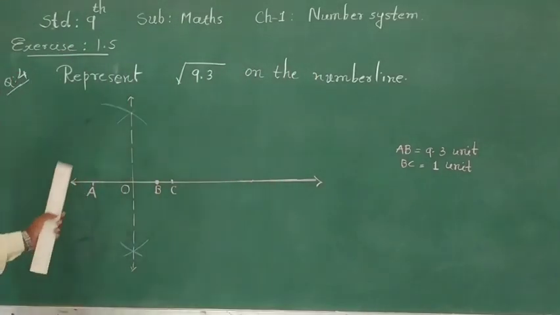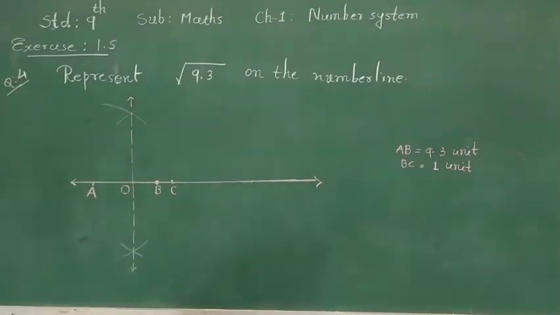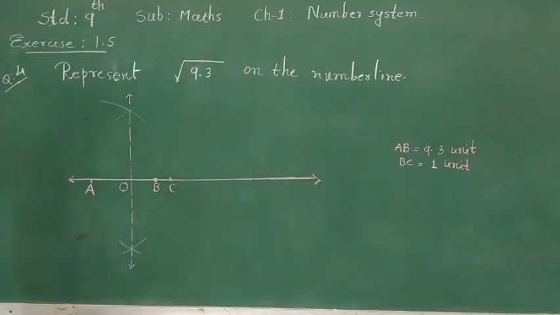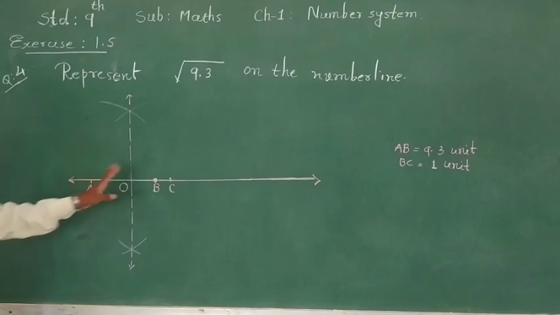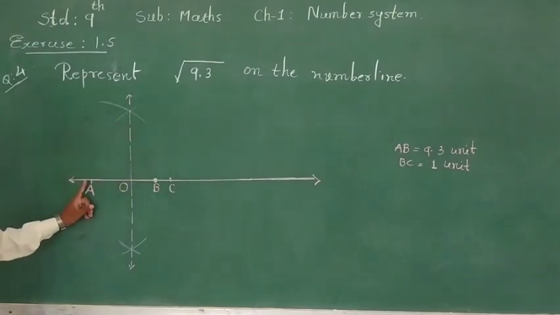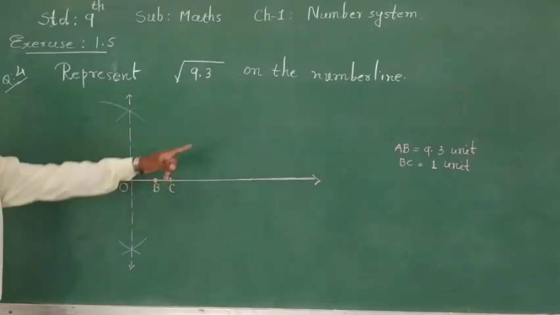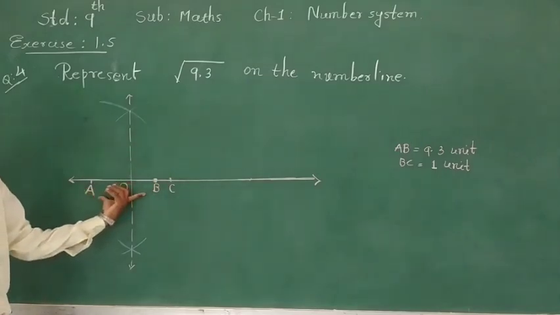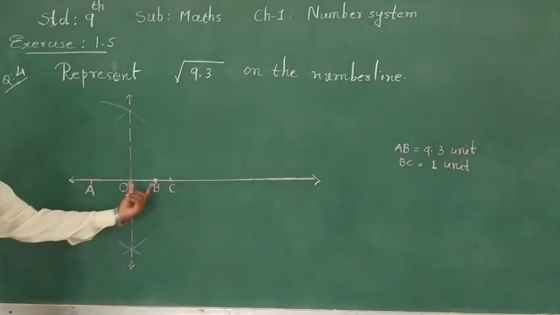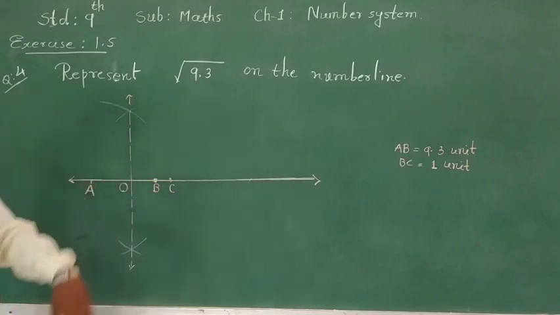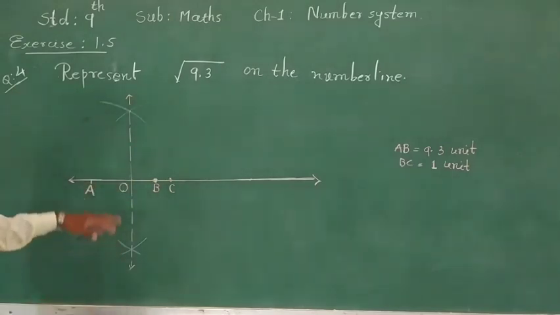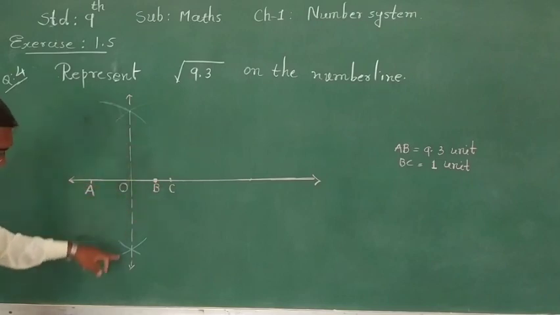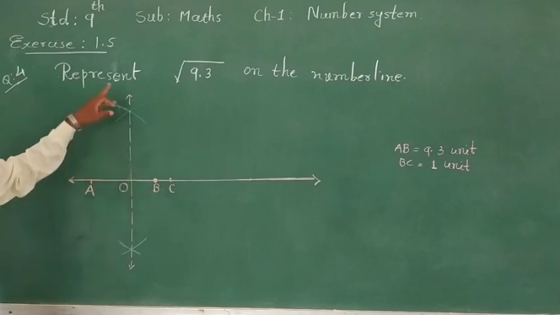Do it with me in your notebook completely. First, once again, draw the number line. Take here A. Take AB equal to 9.3 centimeters or units, BC equal to 1 unit. Then obtain the midpoint O of AC by constructing the perpendicular bisector.